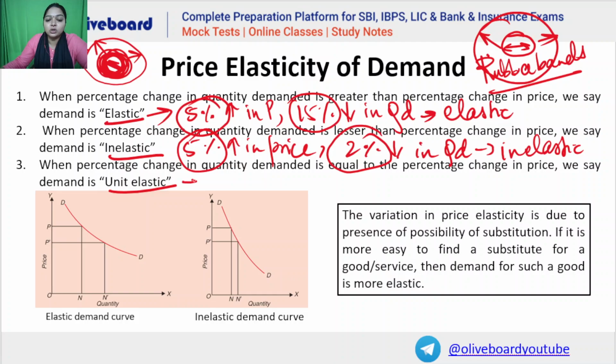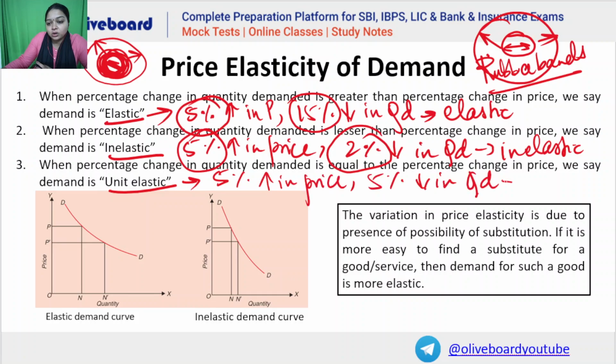Now, what is unit elastic? Unit elastic is when the percentage change in quantity demanded is equal to the percentage change in price. So if there is a 5% increase in price, there is a 5% decrease in quantity demanded. Then we say it is unit elastic.